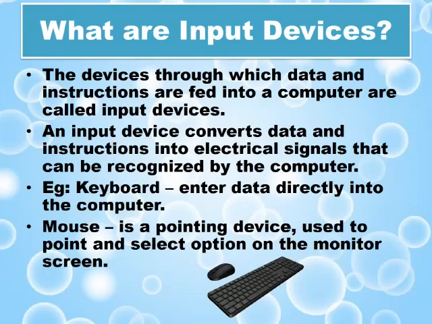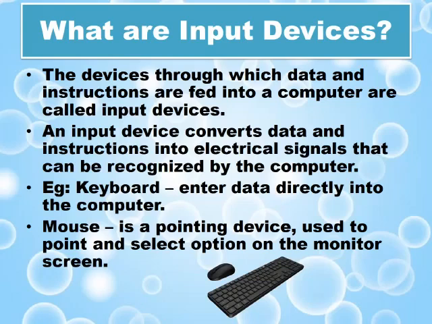As I told, we have studied input devices in class 4 itself. Let's revise this portion and know more about input devices. What are input devices? The devices through which data and instructions are fed into the computer are called input devices. When I want to type something in the computer, I use an object, that is our keyboard, or if I want to click something on the screen, I use my mouse.